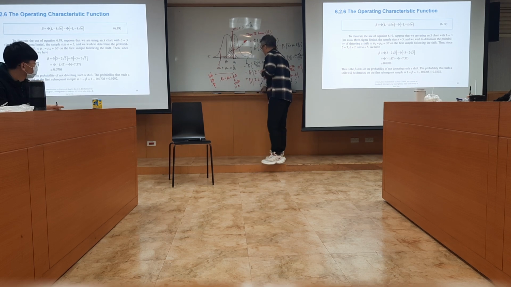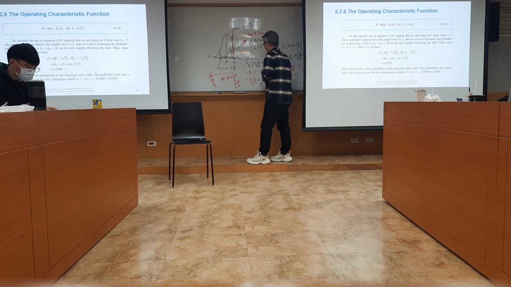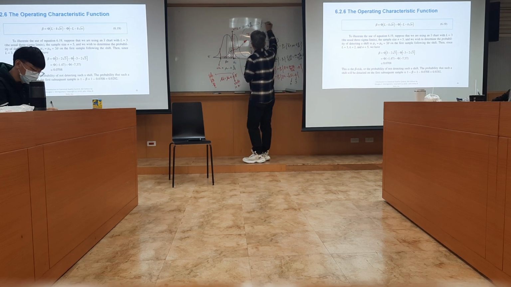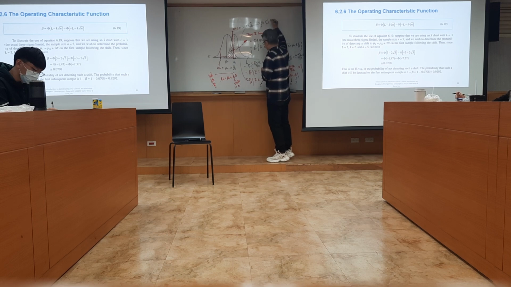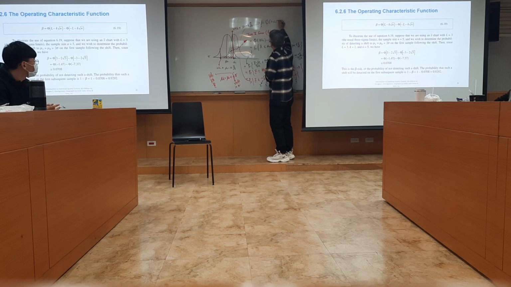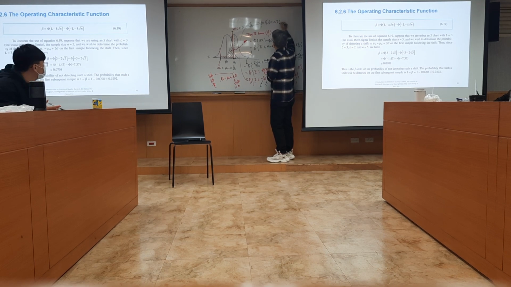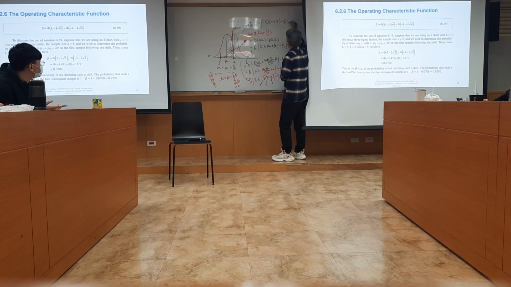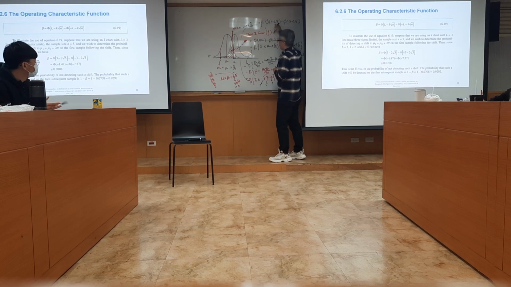Then finally, the beta equal to 3 minus 2 square root of 5, minus 3 minus 2 square root of 5. Then can you get this number?